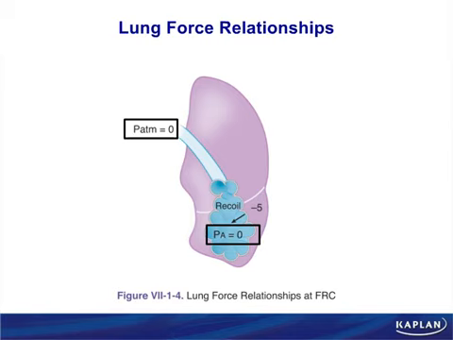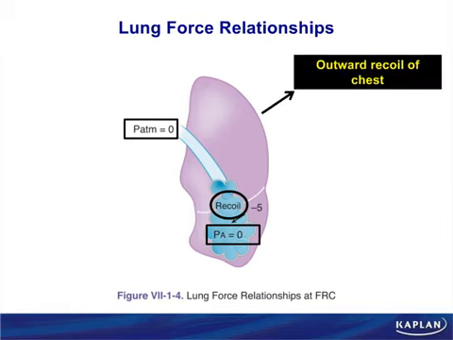Okay, so now we're going to start breathing. Now we're going to apply a basic understanding of those forces we discussed. Here's recoil. Lungs have an inward recoil. Notice the arrow is pointing inward. That's lung elastic recoil or elasticity. Chest is trying to pull out. So the lungs are pulling in, the chest pulls out.